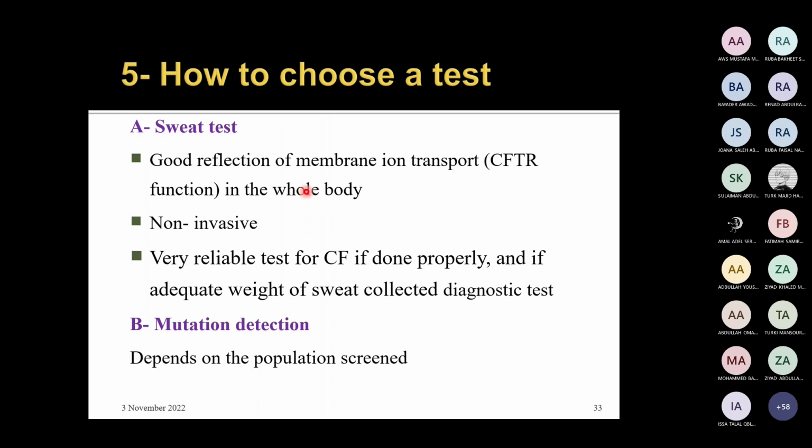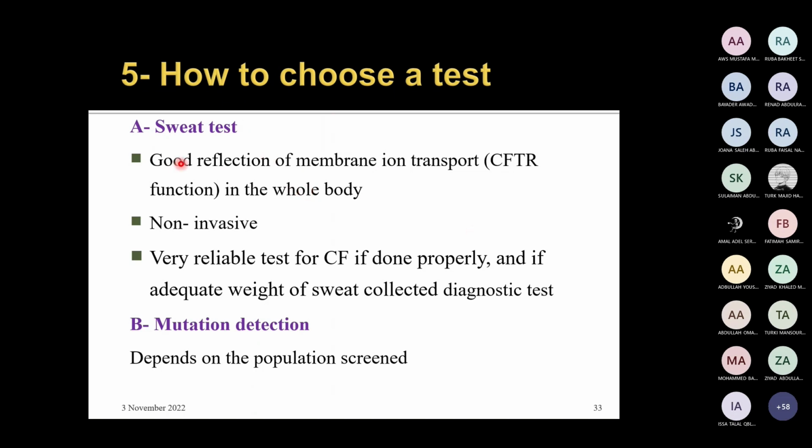So if I could measure the sodium in the sweat, I might be able to identify those patients. If I found that the sodium and chloride content is higher than normal, this might be an indicator to diagnose cystic fibrosis. And this is actually the basis of the sweat test.